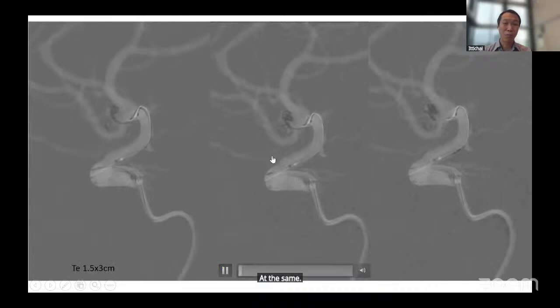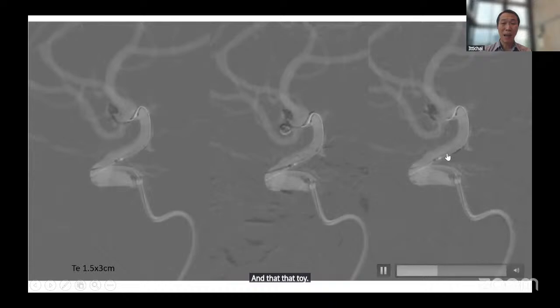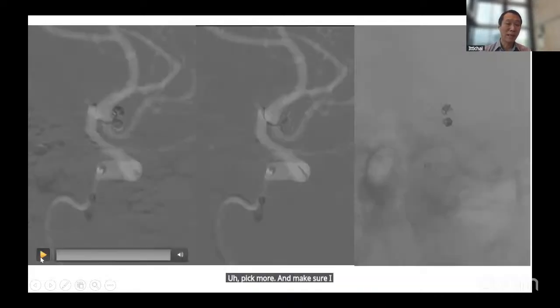And I just put in more coils, the second coil and the third coil, like this, until I could pack more, and make sure I could prevent re-rupture from both lobes of the aneurysm.